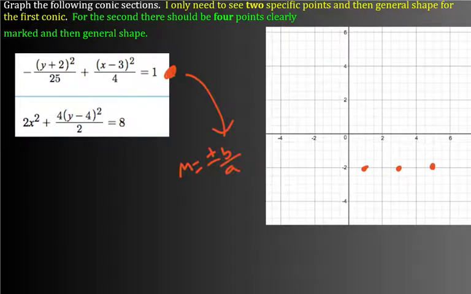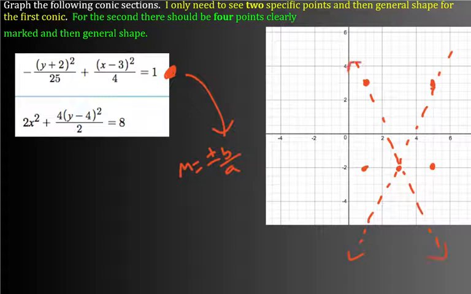So if we go up 5, that's 2, 4, 5, and then we're going to go over 2, so it's about right there, and then the other one would be about right there. And so this is one of the asymptotes, and then that is one of the other ones.